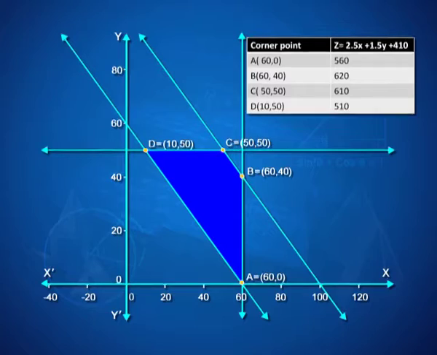The corner point method requires you to find the value of the objective function at these corner points. Our objective function was 2.5 times x plus 1.5 times y plus 410. Here I have 4 corner points A, B, C and D with their coordinates listed as you can see.